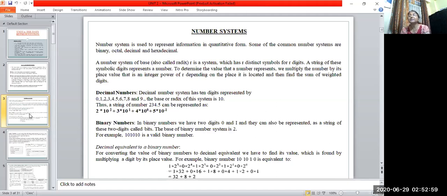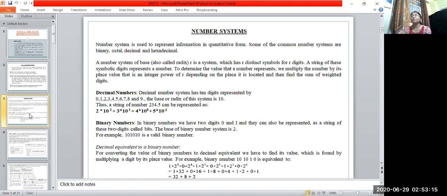When you have to represent any value, data, or information in quantitative form, you will need some kind of numeral symbols, and those numeral symbols will be part of a number system.